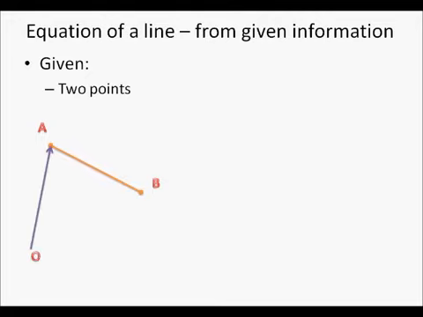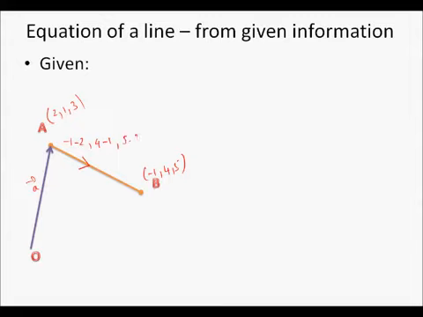Say a is 2, 1, 3 and b is minus 1, 4, 5, whatever points are given. The vector along the line is b minus a, which is minus 1 minus 2, 4 minus 1, 5 minus 3.